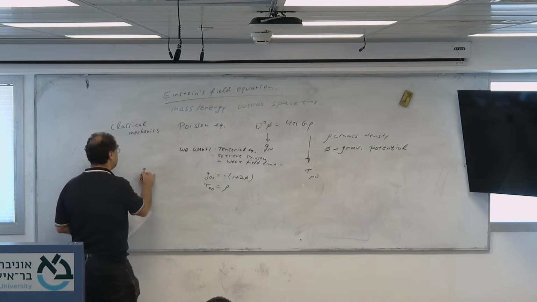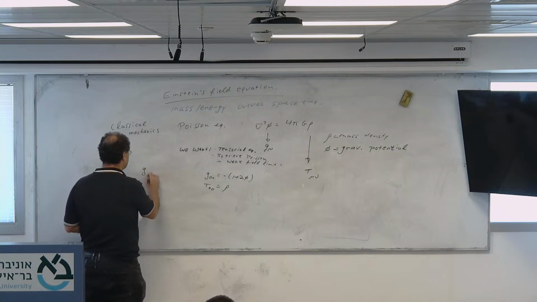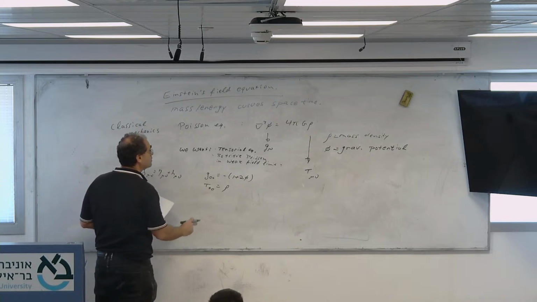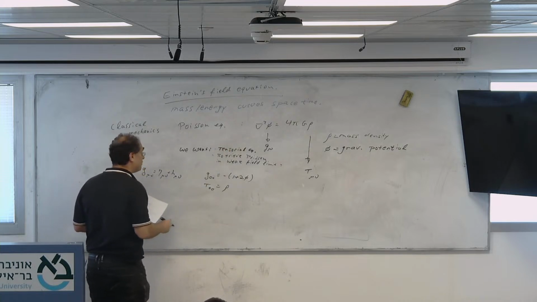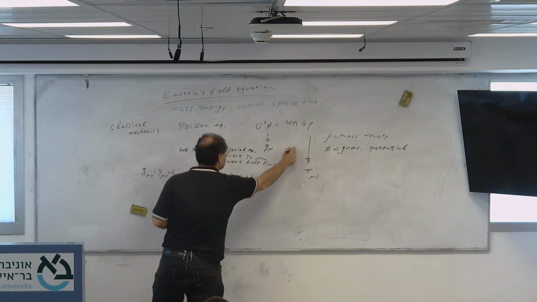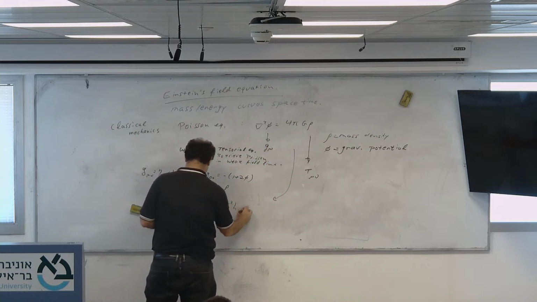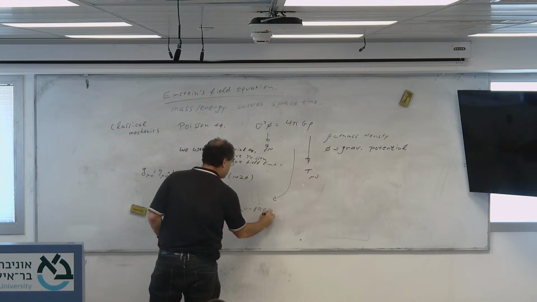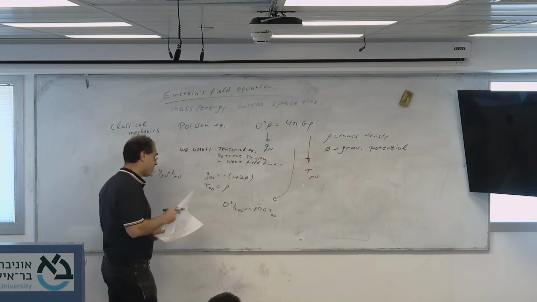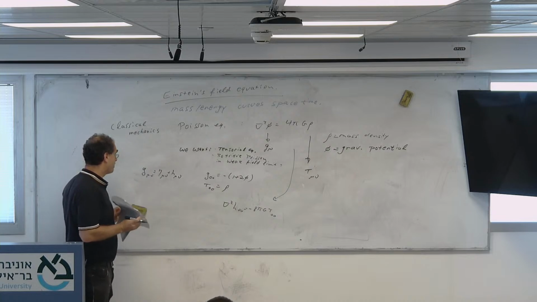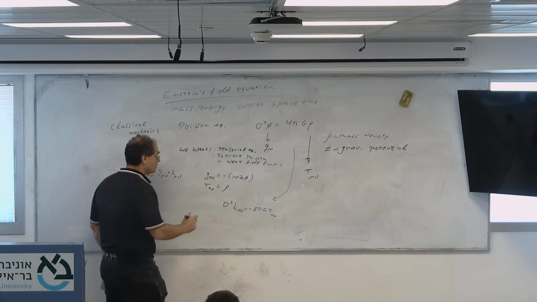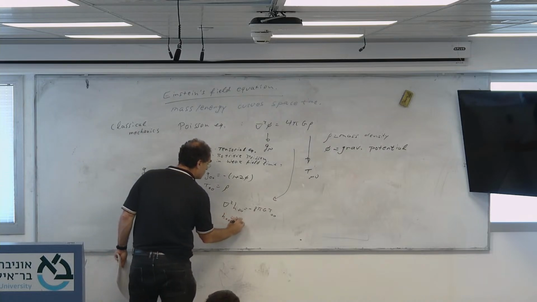I wrote g mu nu as eta mu nu plus h mu nu. So from here I can write nabla squared h00 equals minus 8 pi G T00, or h00 is just 2 phi.